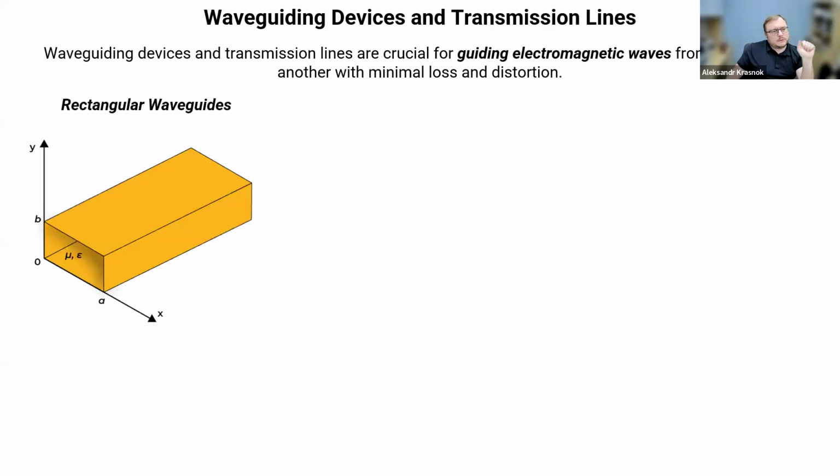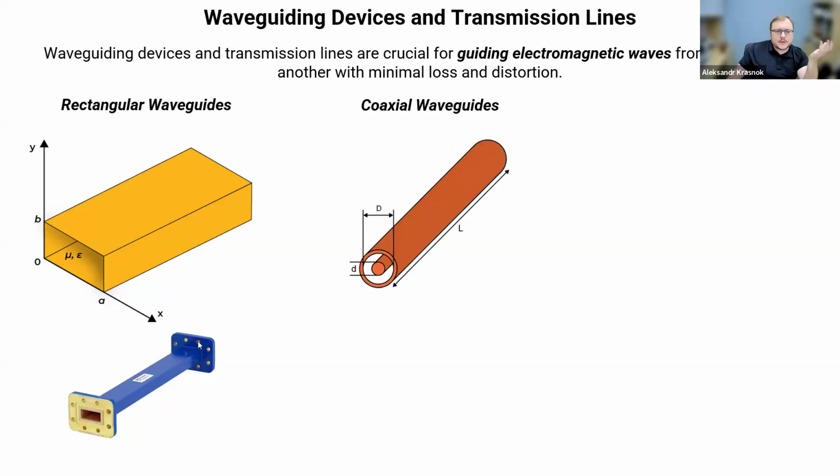Today we will be talking about transmission lines, and as a generalization of transmission lines, rectangular waveguides, which by the way look like this in the lab, and coaxial waveguides, very briefly, but there is an important difference between rectangular and coaxial, so we need to mention that.